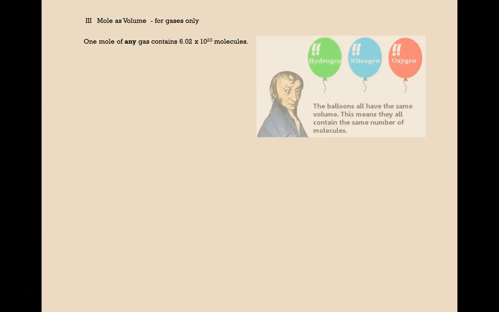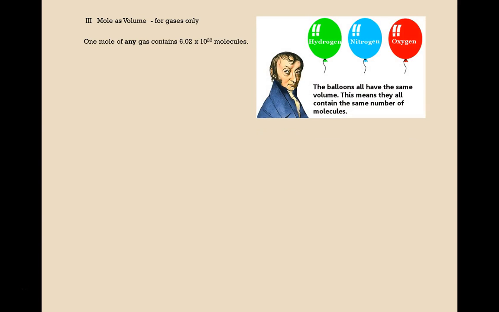We now come to the third and final sense of mole as volume, and this applies to gases only. 1 mole of any gas contains 6.02 times 10 to the 23 molecules. Let's come back now to Avogadro. Here's the only picture you ever see of him.